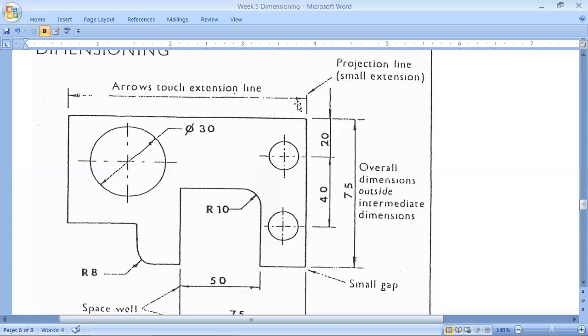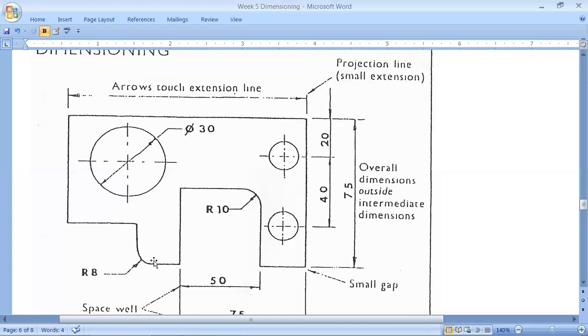Make sure that the projection line does not touch the dimension line. Make sure the text value reads from bottom to top, and that the text value does not touch the dimension line. Place it as much as possible in the center of the dimension line.